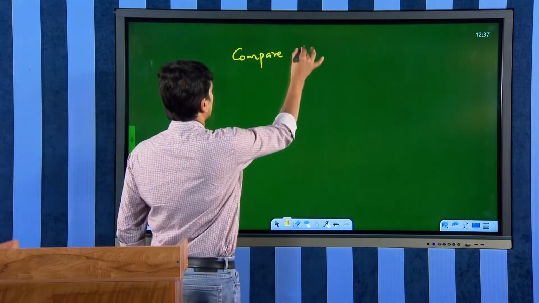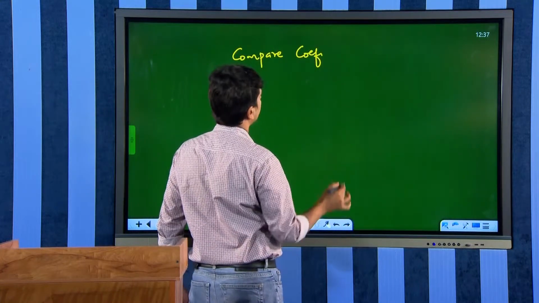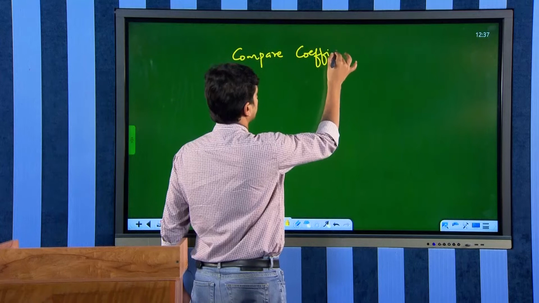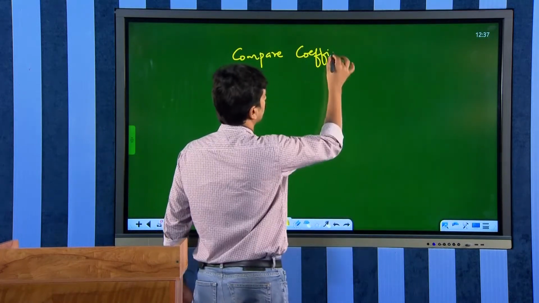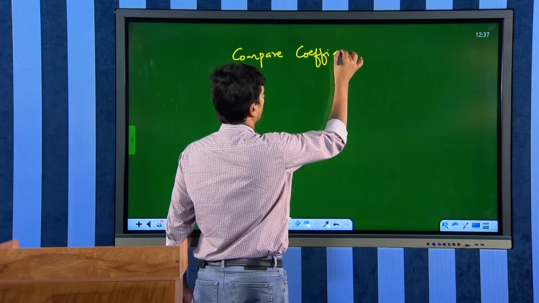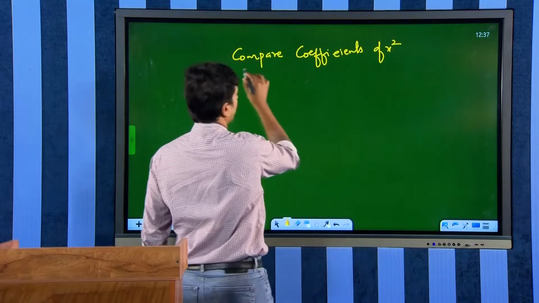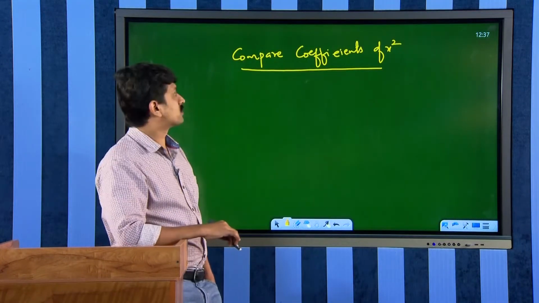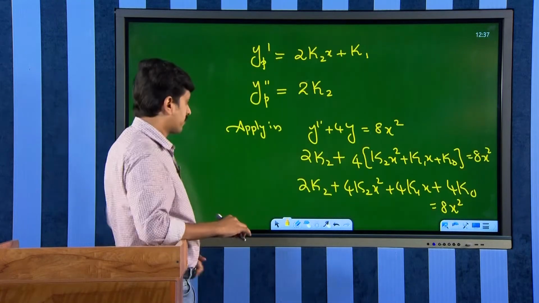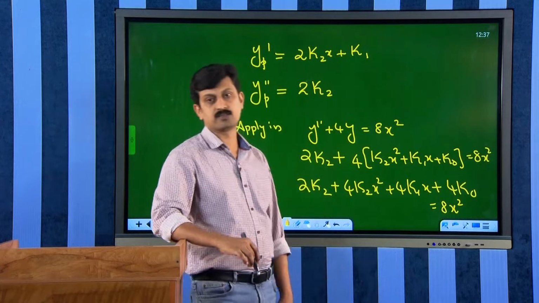Compare the coefficients of x square. Here the coefficient of x square on the left is 4k2, and on the right we have 8.